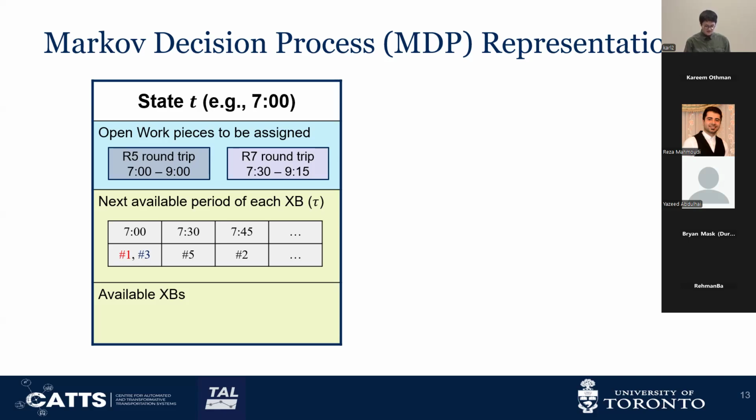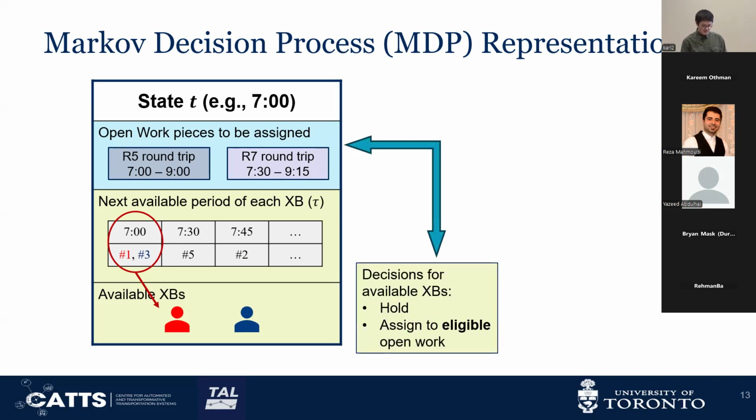So you see that at 7 a.m., we have these 2 available extra boards. And the decision is to match these current drivers to the open work pieces. And also another possible decision is to hold these drivers for 1 period and not assign them to any work piece just yet.